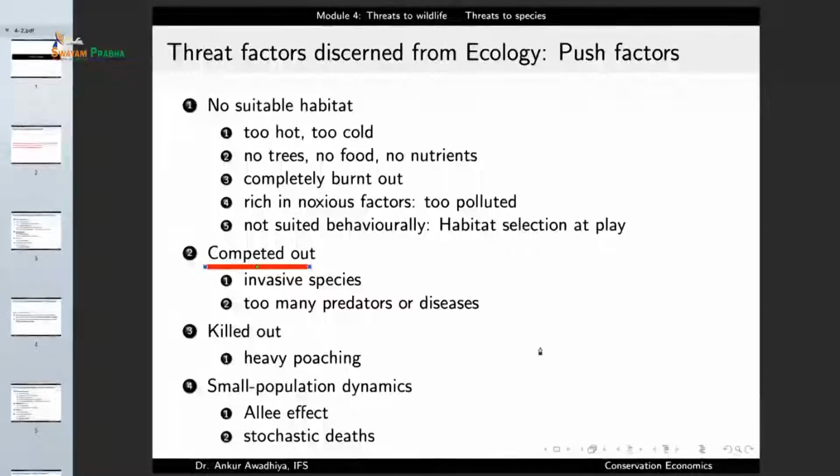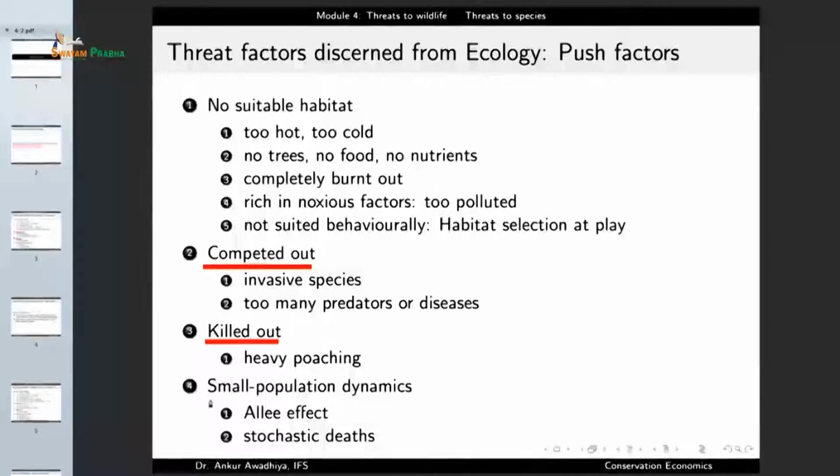So the organism could have lived there, but now there are so many predators in that area that any organism that remains in this area might get killed off. Or there are a number of diseases in those areas. So there could be a competition because of invasive species, because of predators, and so on. So these are other push factors. Or you could have the push factors of being killed out, especially by human beings, say due to heavy poaching. So for organisms such as tigers, this is a major threat.